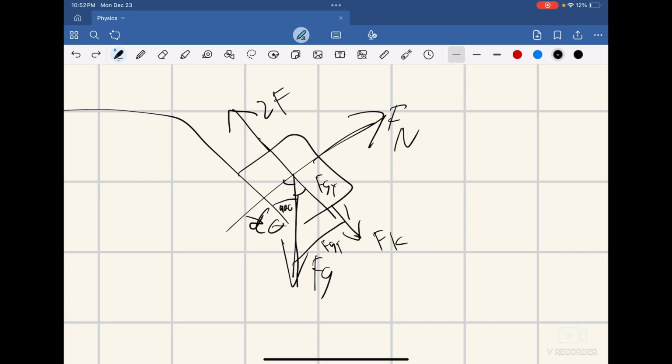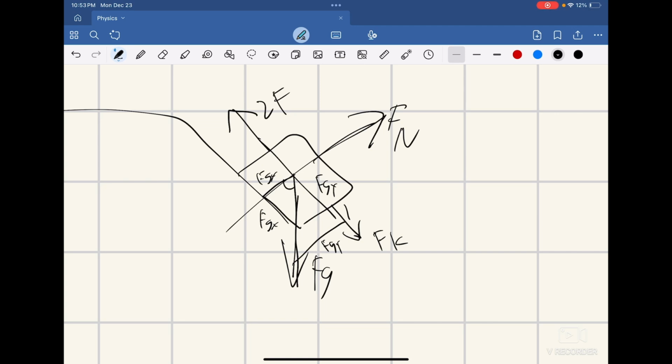And F_gx, as we stated earlier, if you draw like this, F_gx and F_gy, F_gx is opposite to this angle, right?